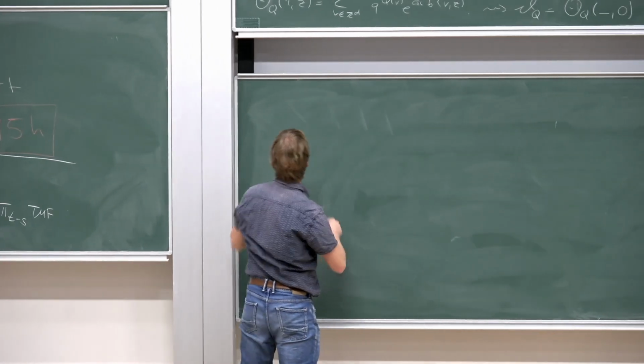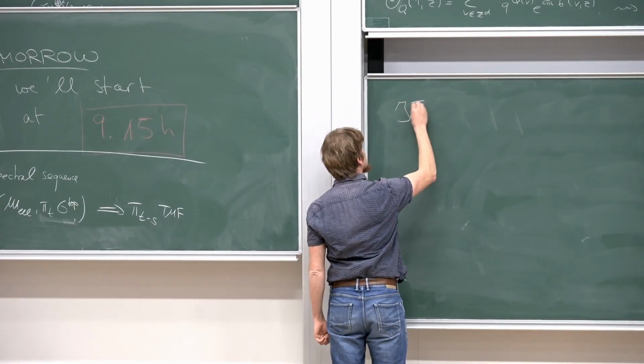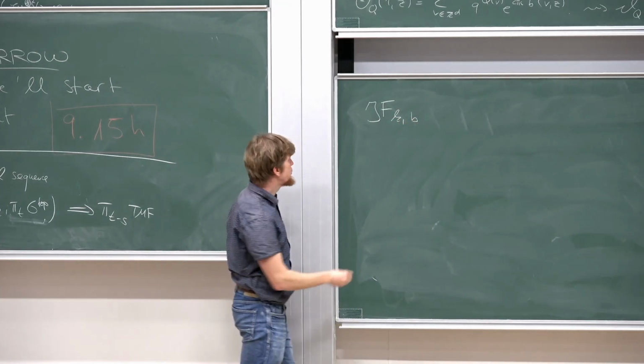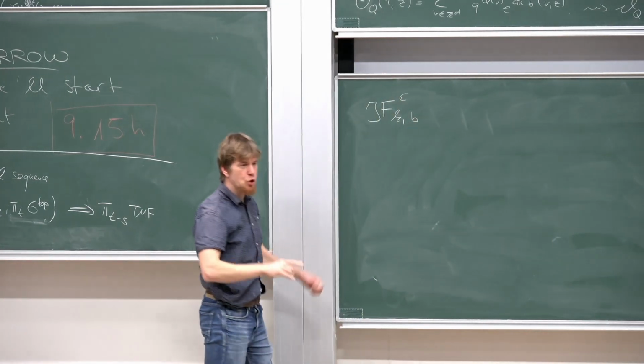Let's say we look at Jacobi forms of weight K and index B, and I put a C here because now everything is complex and holomorphic.